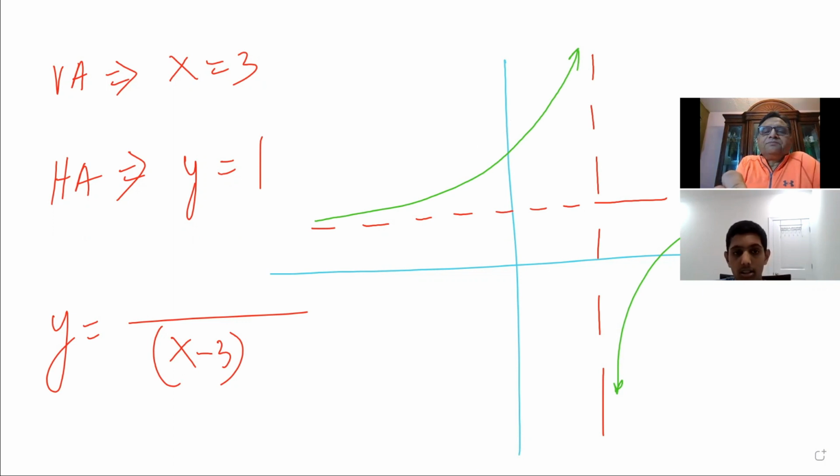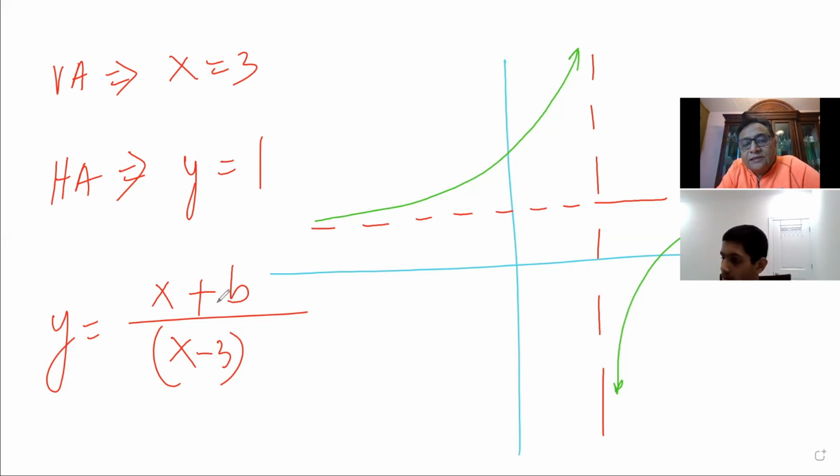You can even write here a times x. Because if I write a times x, in that case, a has to be 1, because I have got y equals 1. So a has to be 1. Let me not write x now. It could be x plus b.